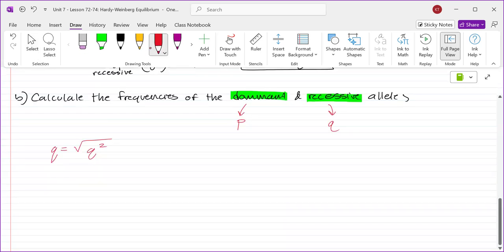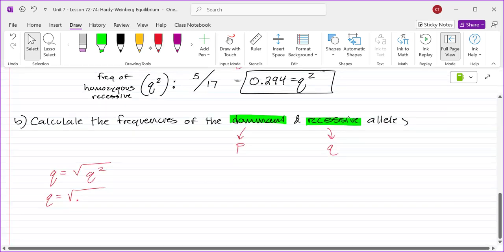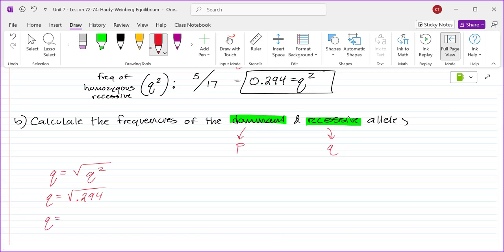So q equals the square root of q squared. q equals the square root of 0.294. Leo, can you tell me what that is using your calculator? Round it to the nearest thousandths place if you would.